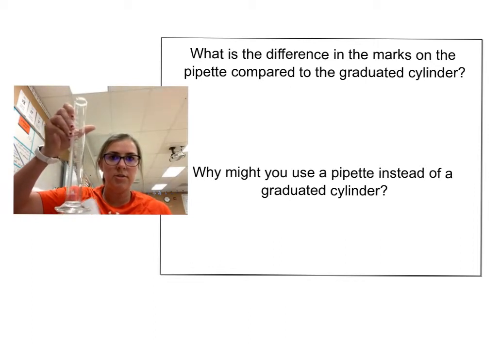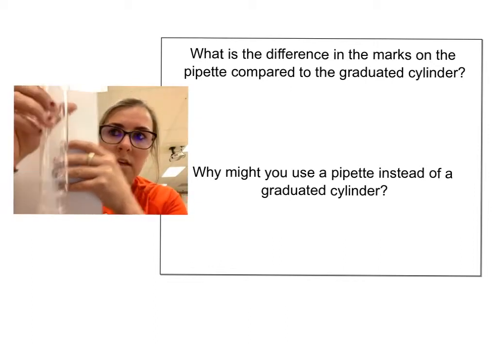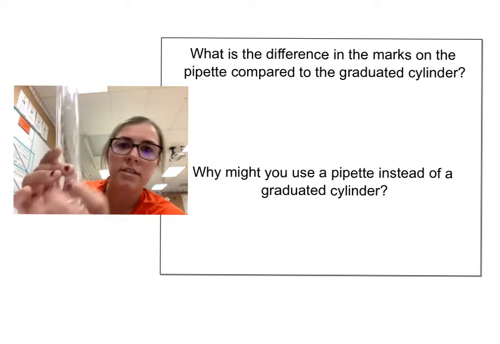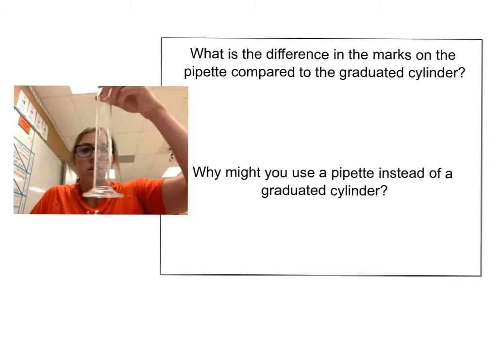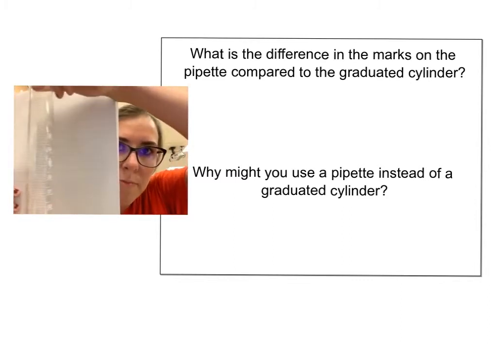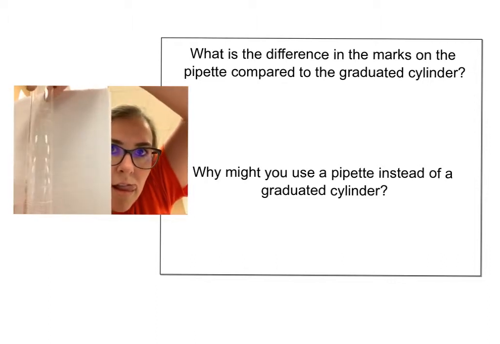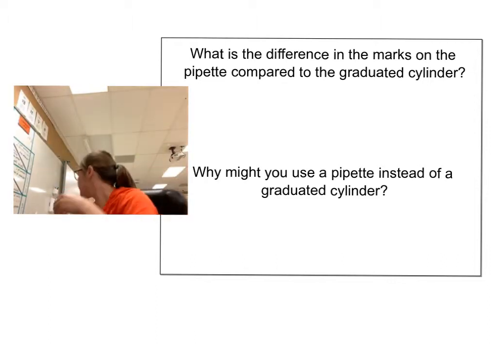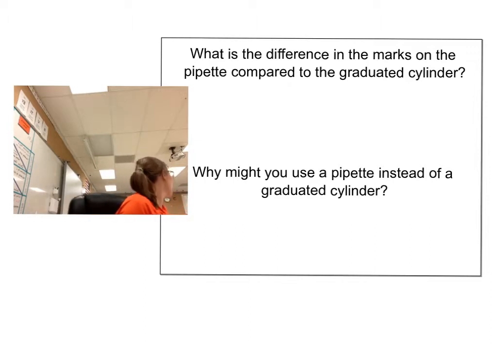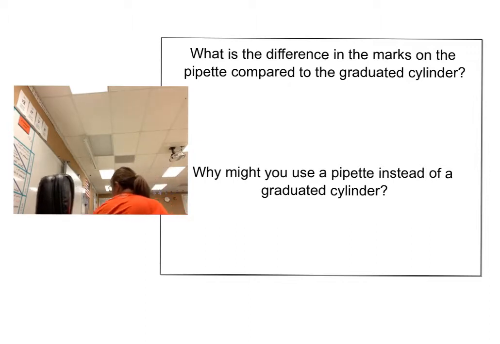Graduated cylinder we also use to measure liquids. This one has 2 sets of markings. So on one side it actually counts backwards, similar to the pipette.